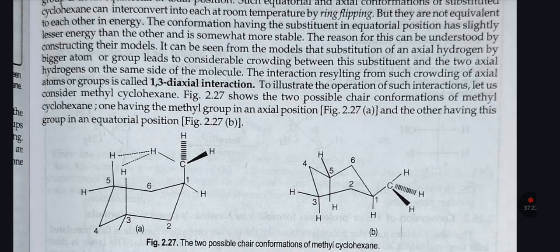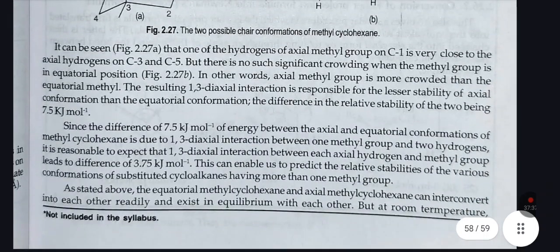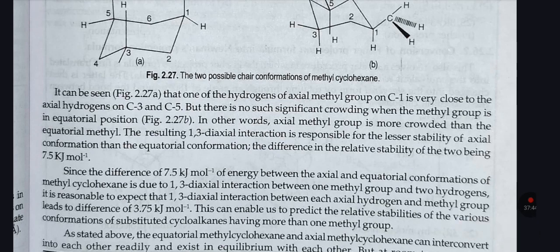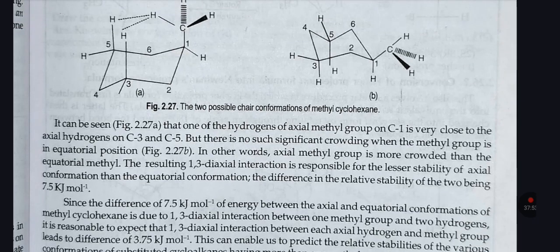It can be seen that the axial methyl group on C1 is much closer to the axial hydrogens on C3 and C5, but there is no such significant crowding when the methyl group is in the equatorial position. In other words, the axial methyl group is more crowded than the equatorial methyl.